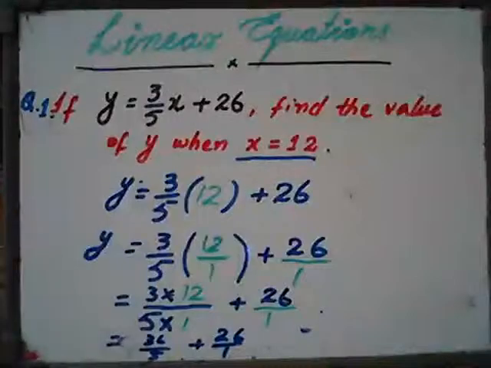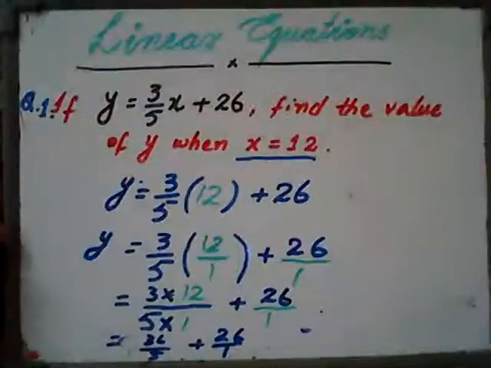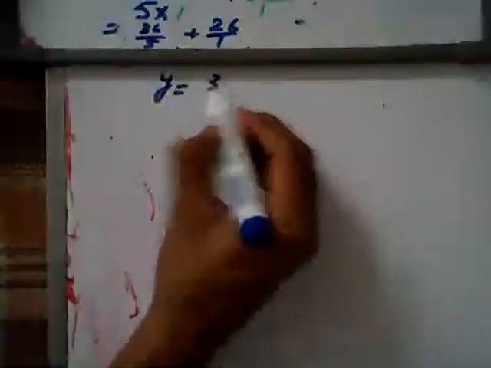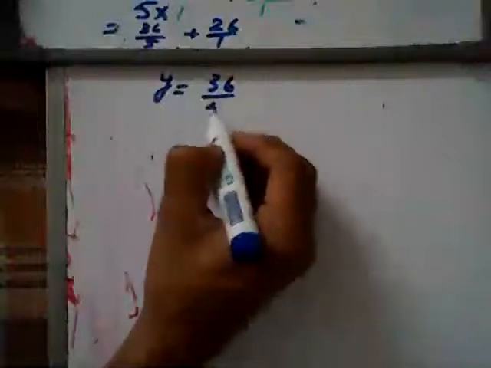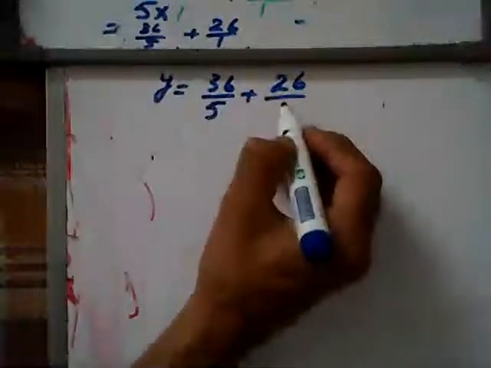So in other words, we could write like this, that y is equal to 36 over 5 plus 26 over 1.